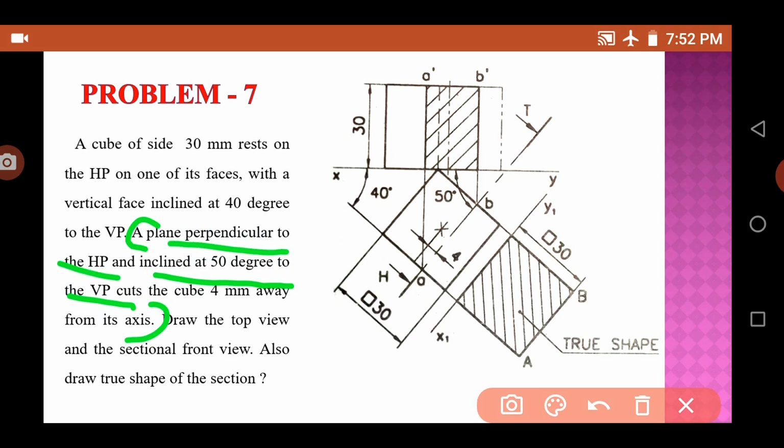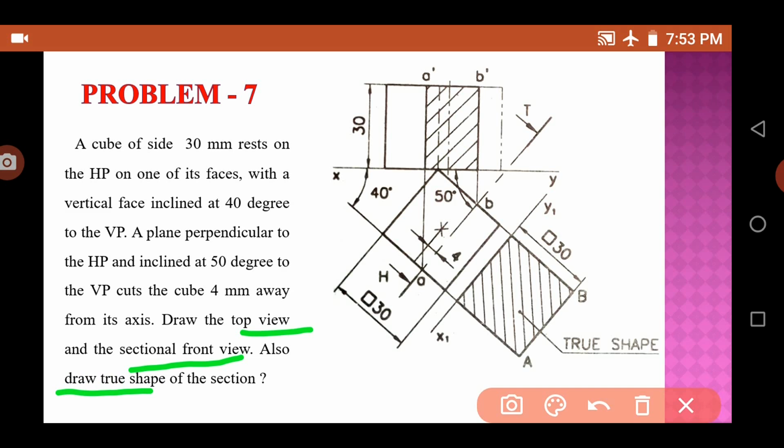And there is another point: it is 4 mm away from the axis of the cube. So there are 3 points actually. Now draw its top view and sectional front view and also draw the true shape. So we have to draw 3 drawings. Okay, right, coming to the problem.